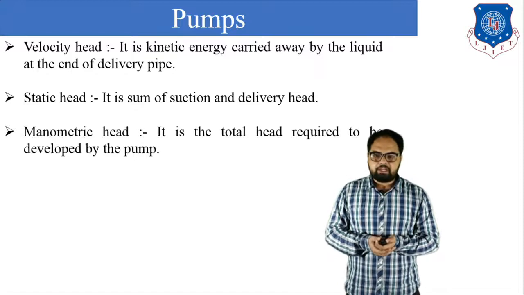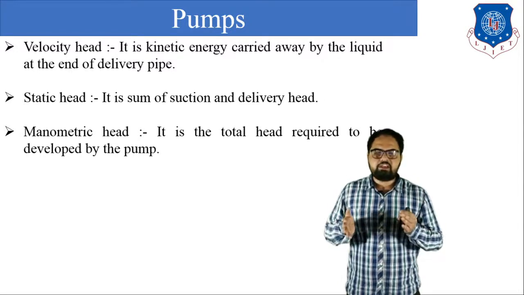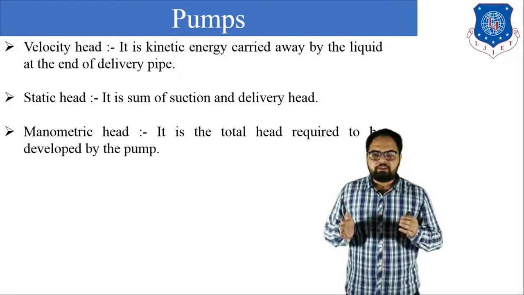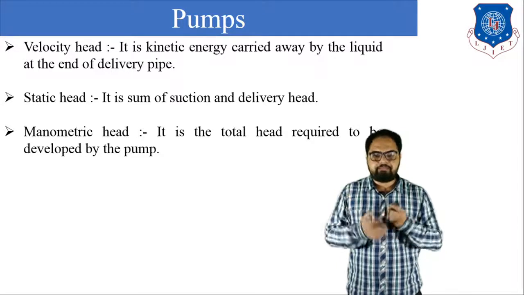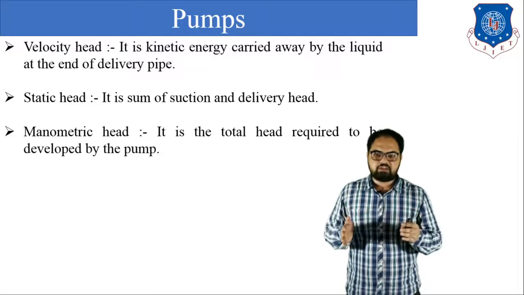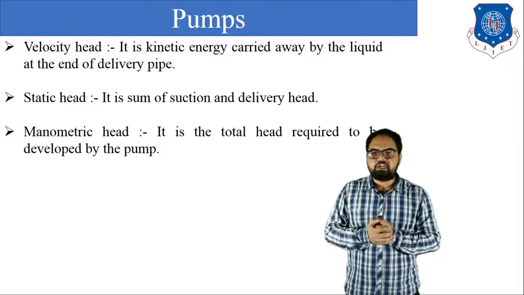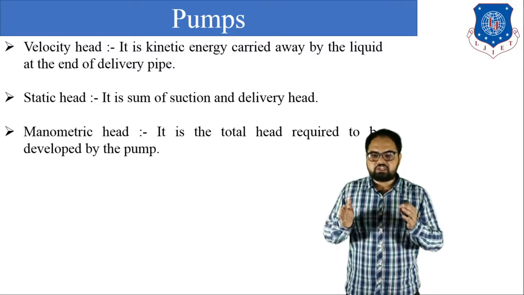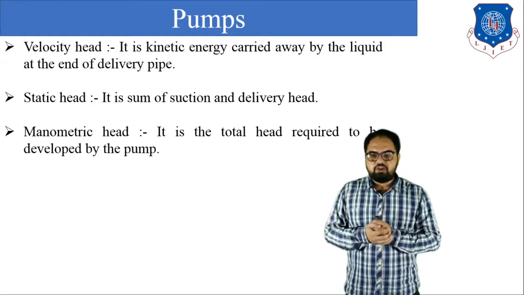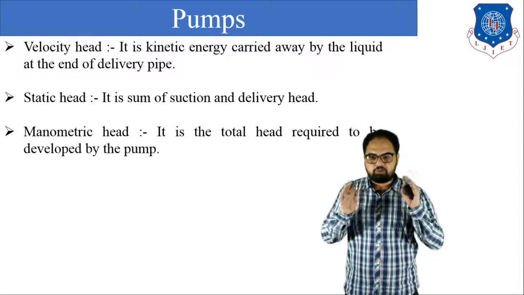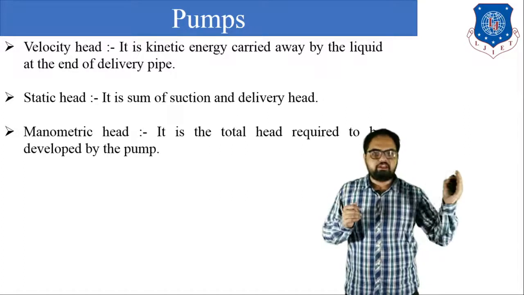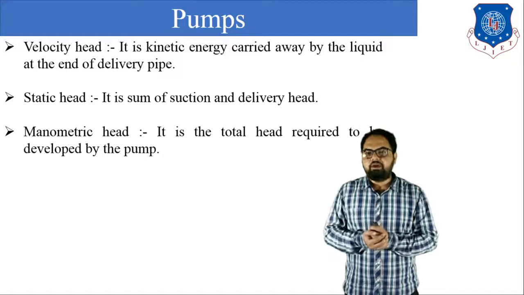Next is manometric head. In the design of the pump, normally we do not consider the friction generated inside the pipes, but in actual conditions there is friction generated between the water molecules, and between the outer molecules of the water and the inside diameter of the pipe material.